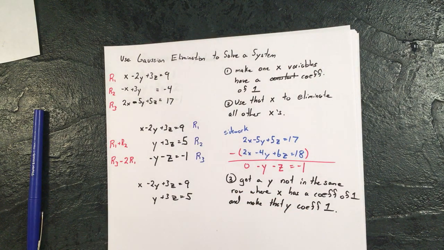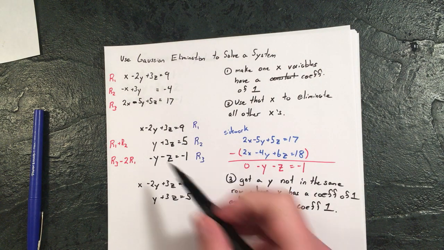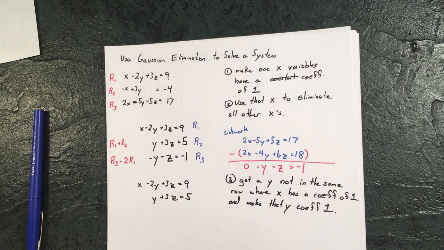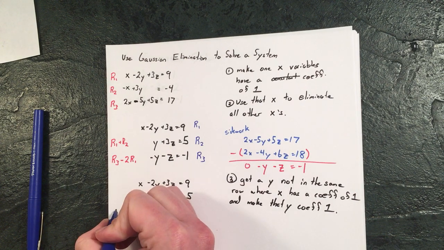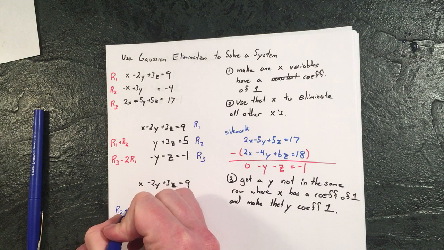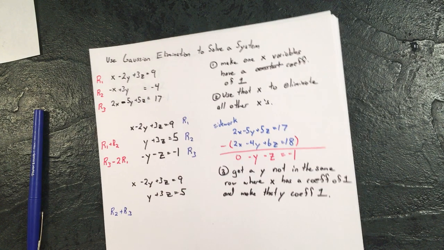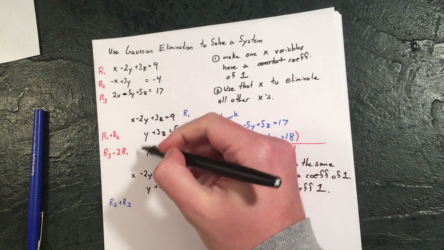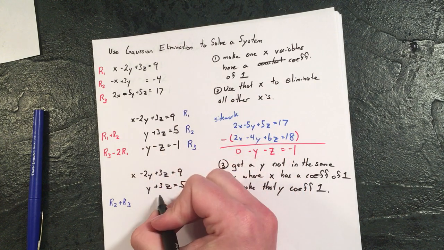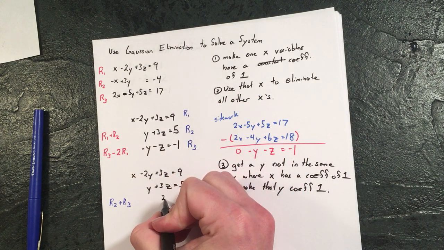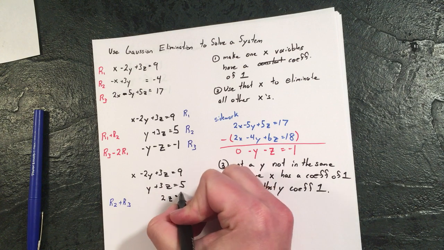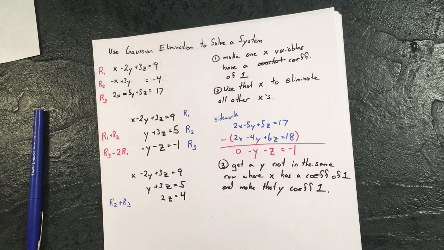Now what I am going to do here is adjust row 3. So I'm just adding row 2 plus row 3. We add these, we have a 0 here. We're left with what? 2z here. 4 here. Okay.